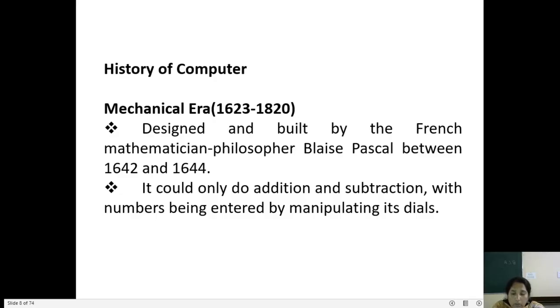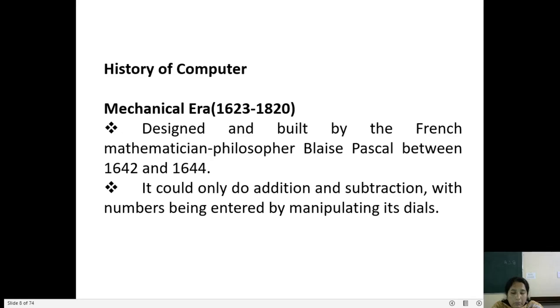When you come to the mechanical era, it started from 1623 to 1820. Here there were a large number of mathematicians working based on the principle of the abacus. One of them was Blaise Pascal, a famous mathematician as well as a philosopher.